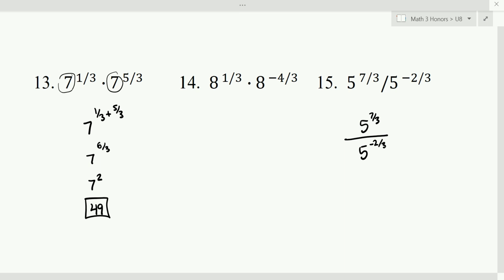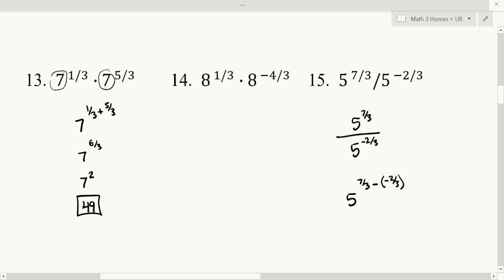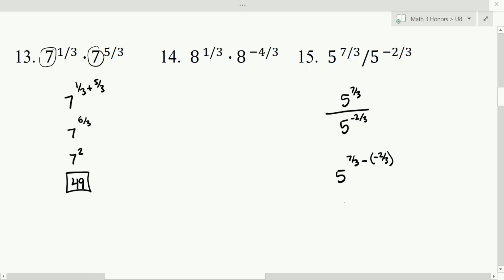And if it's already negative, you're going to have a double negative. So this would be 5 to the 7/3 minus the negative 2/3. And that reduces to 5 to the 3rd, which is 125.